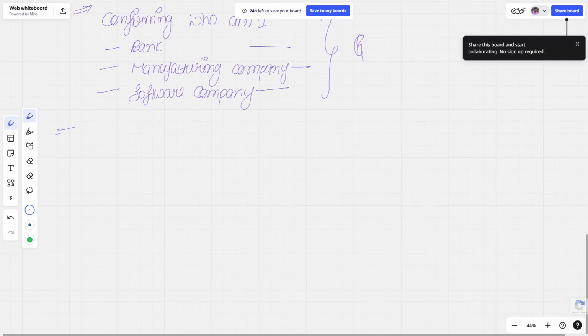Third is I have to understand what is actually an ATM, because ATM is used for different purposes. So for which purpose are we solving the ATM?